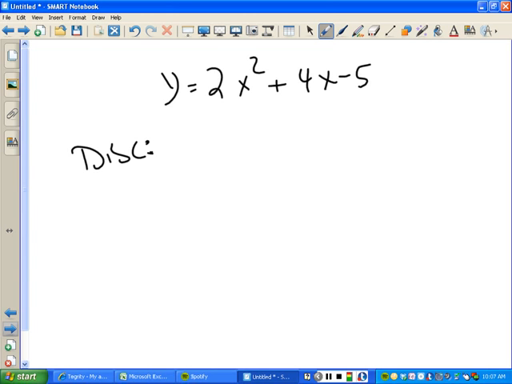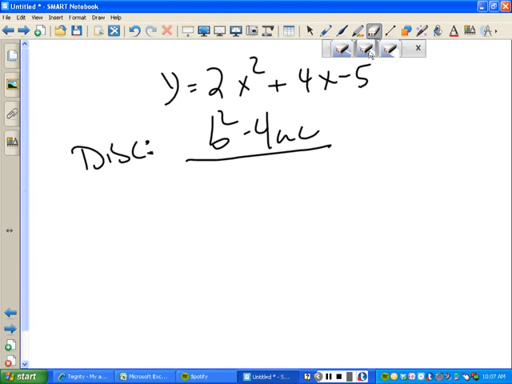All right. What's the discriminant? When I say what is the discriminant, and I leave you a blank, what I don't want you to write is b squared minus 4ac in the blank. Like, I don't need that. What is it? 4 squared minus 4 times 2.